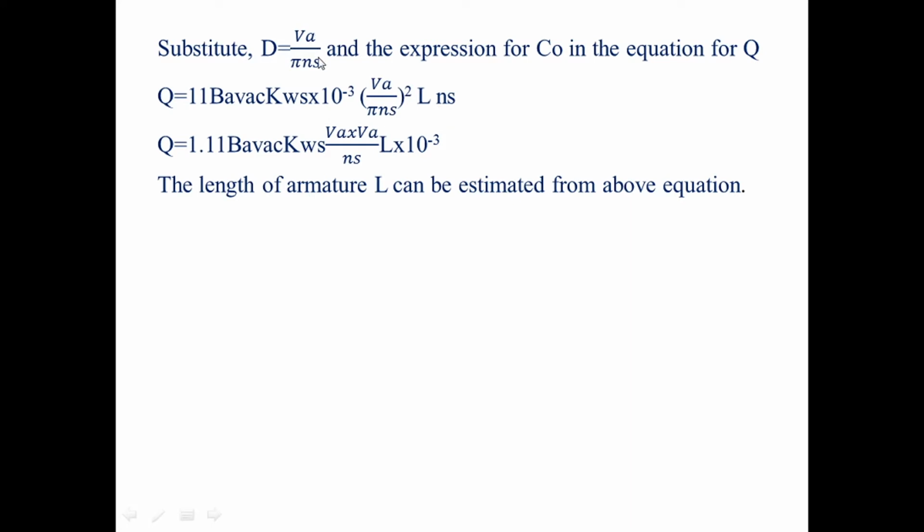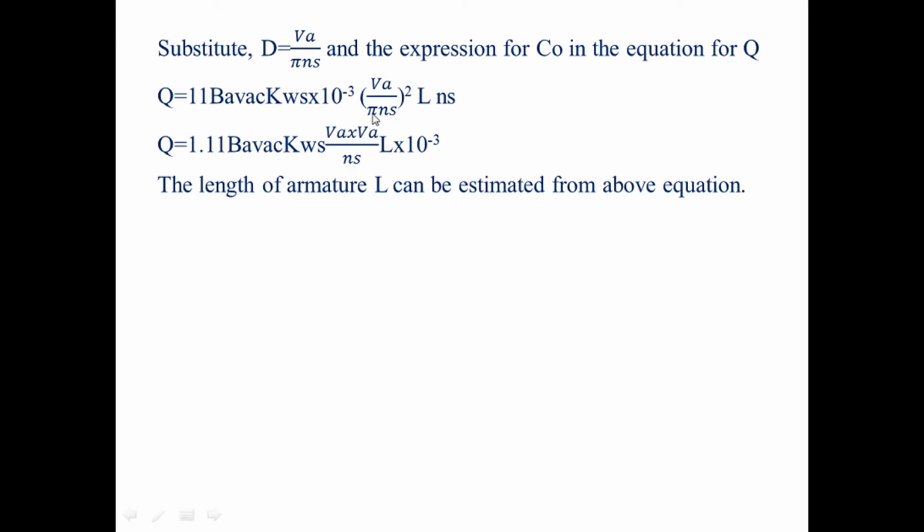D is nothing but Va divided by pi into Ns, so D square is this value. Now Ns square is in the denominator, and one Ns cancels with the Ns in the numerator, so in the denominator you will be getting Ns.